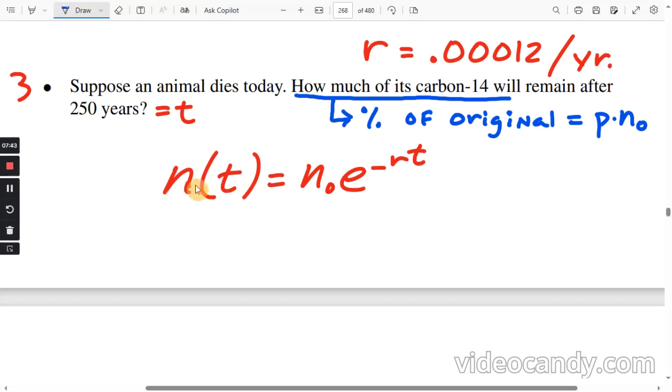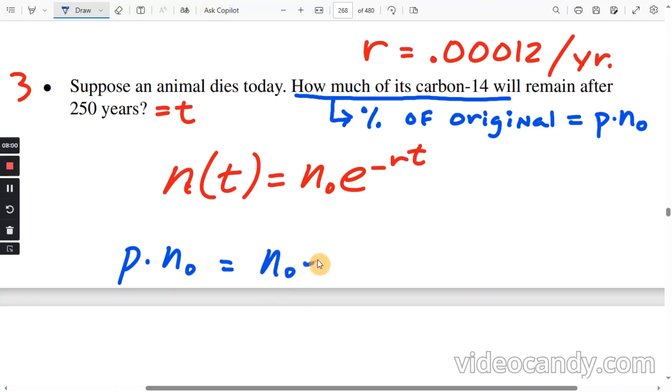So n of t is how much we end up with. So the percentage of the original is how much we end up with. That's going to go in place of n of t. So that's going to be P times n sub 0.